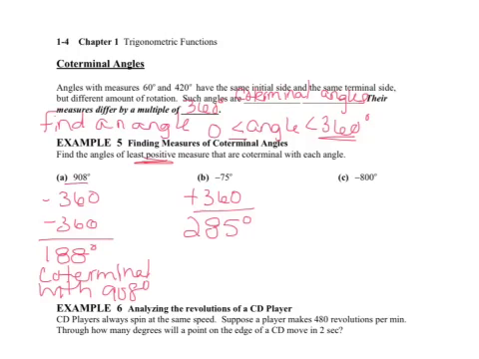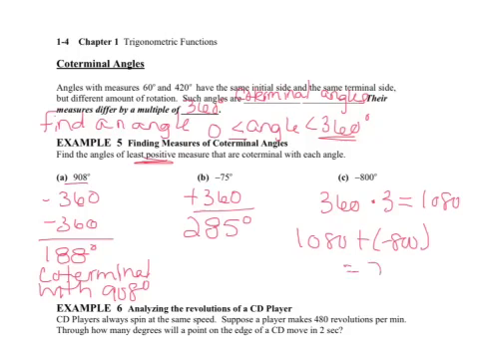Again, we go to C, and it is a negative 800, so we're going to add 360. Well, if you think about it, it has to be positive, so really I could take 360 degrees times 3, and that will give us 1080 degrees. Then I could take 1080 plus my negative 800, and that will leave me with a 200 degree coterminal angle.